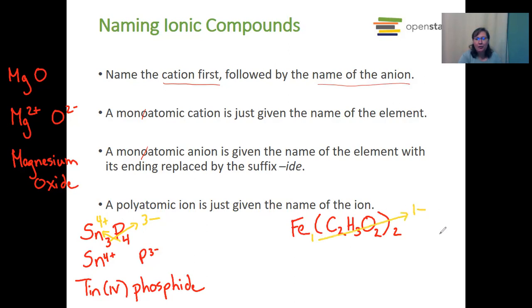I can bring this up and that forms a 1-, and I can bring this 2 up and I have a 2+, and that tells me what I'm working with. Fe2+ is iron 2, and C2H3O2 1- is acetate. Iron 2 acetate.